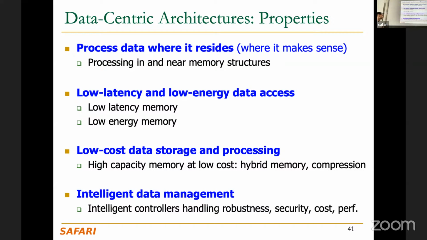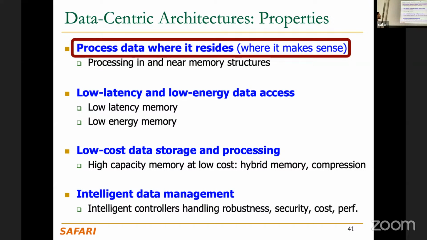We also want a low cost for data storage and processing. So we're going to look at ways of improving the capacity of a memory system, so that we can feed more data and eventually enable more computation over the data. And also you need more intelligent data management systems to control and coordinate properly how the data is being processed and moved across the system.